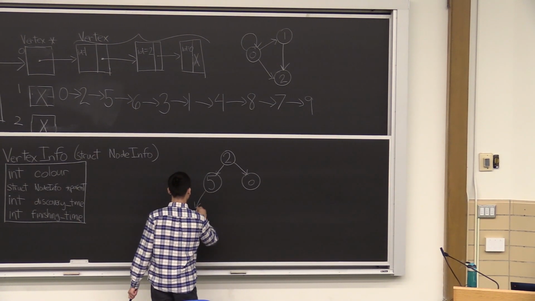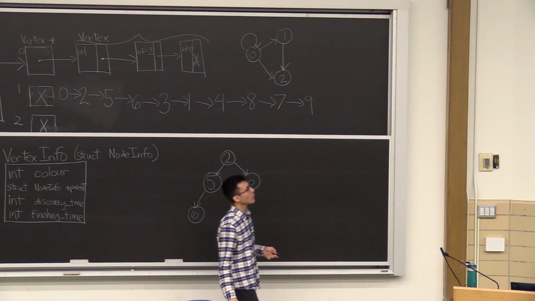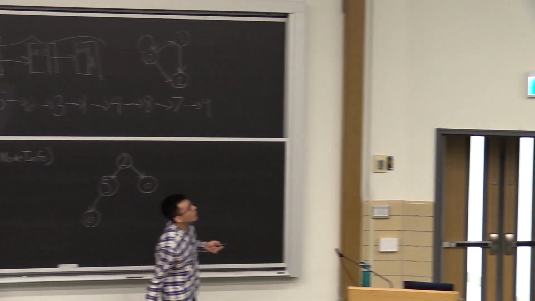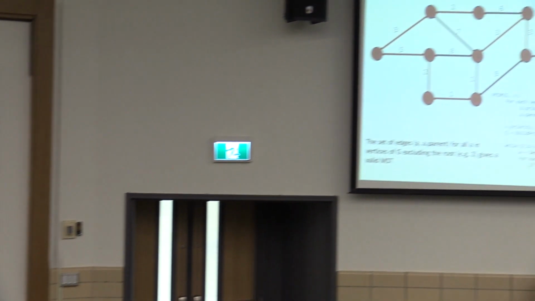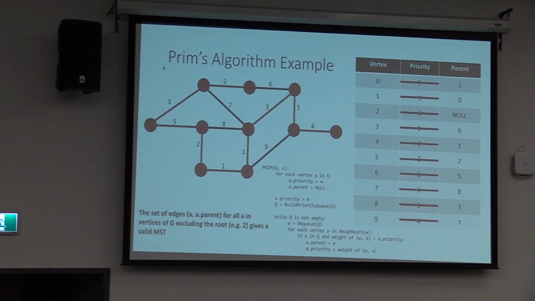Okay. So we have 6. And then 6 goes to 3. So 3 does have a parent of 6. So we might have our node 3 over there. And then what else? We have number 8, which has a parent of 3. Okay.